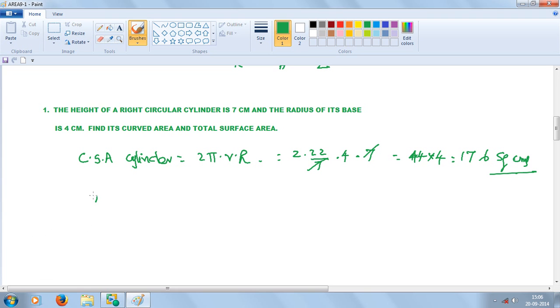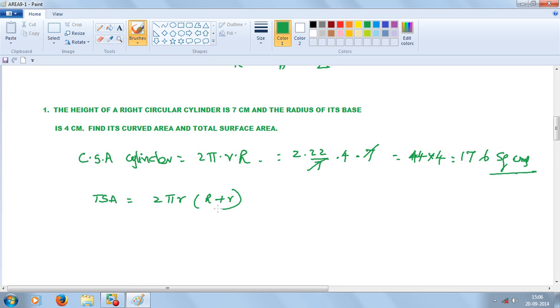Now total surface area is equal to 2 pi r multiplied by h plus r.